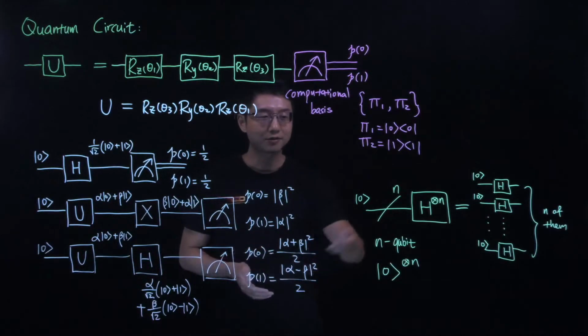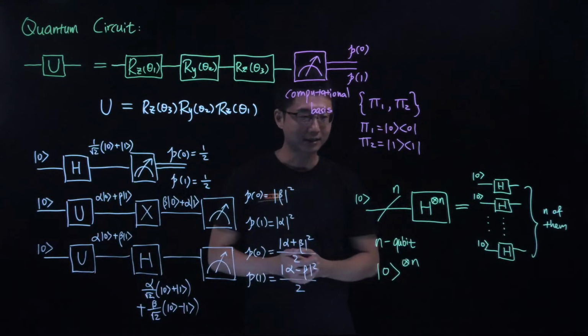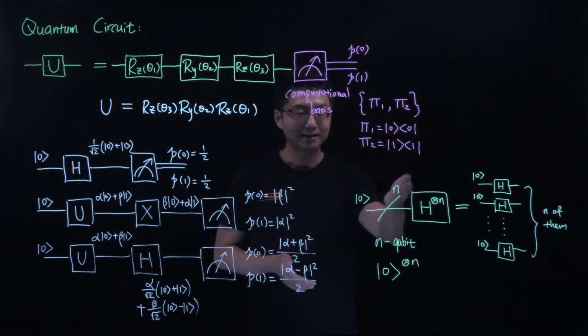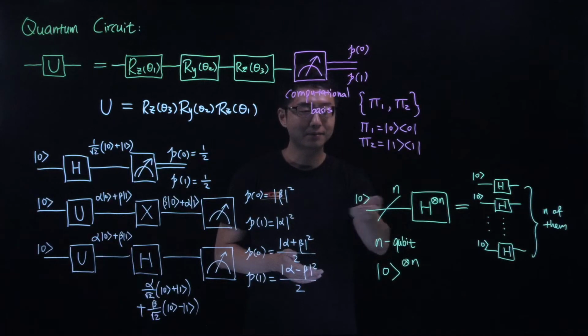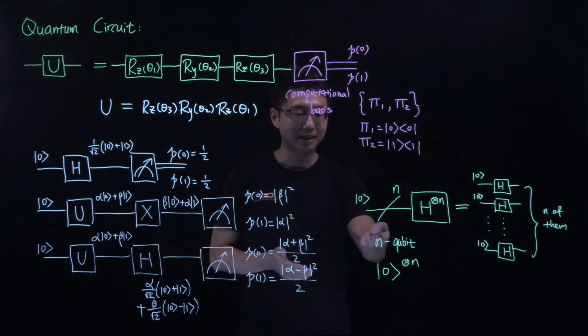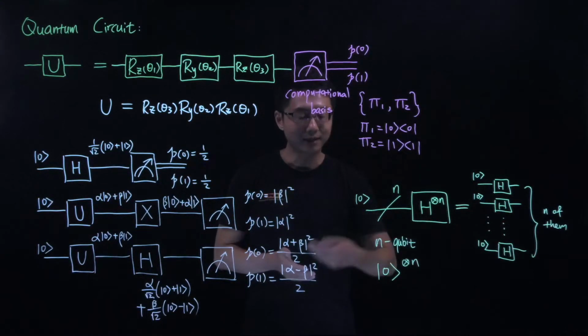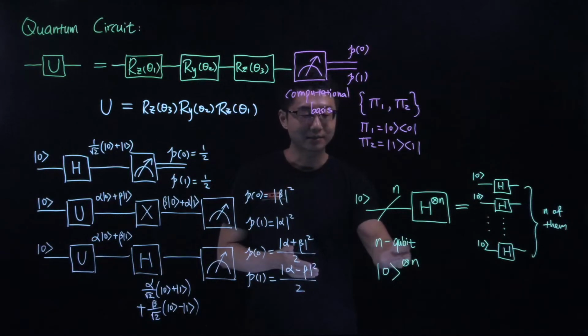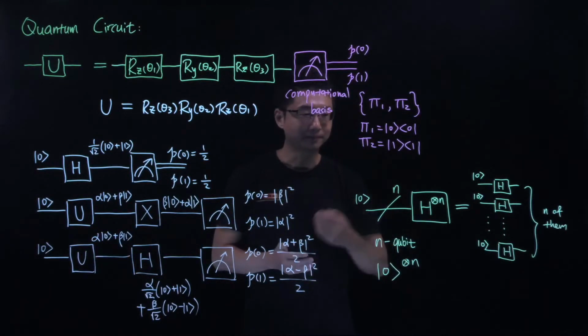Finally, let me introduce this representation of a quantum circuit model where you see a slash on top of this wire. Remember the wire represents a qubit, for example, initialized in the 0 state. So this slash with the n simply means n qubits. So we prepared n qubits, each of them in the 0 state, in this product form, 0 tensor n.